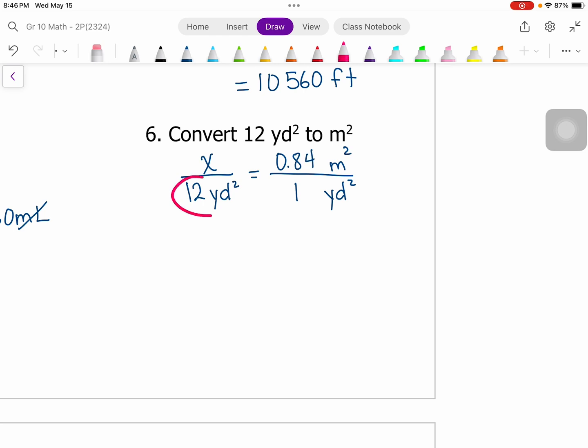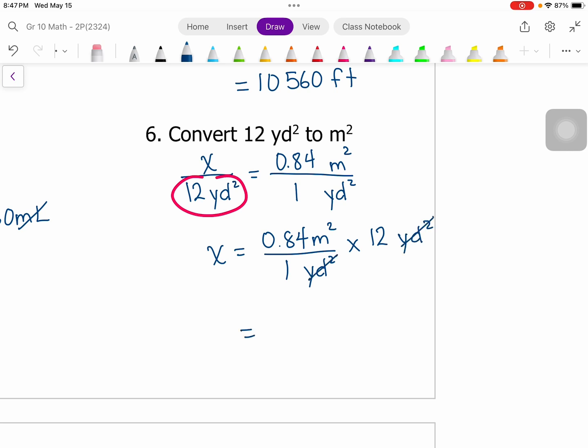So we'll move that 12 over. X is equal to 0.84 meters squared per 1 yard squared times 12 yards squared. Those units cancel. So 0.84 divided by 1 times 12 is equal to 10.08 meters squared.